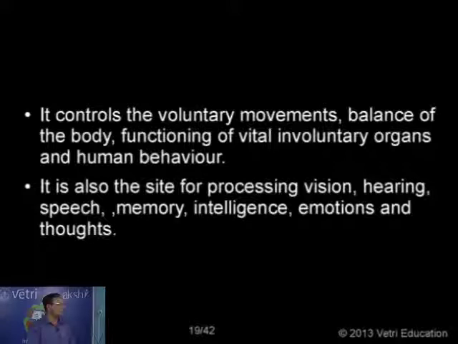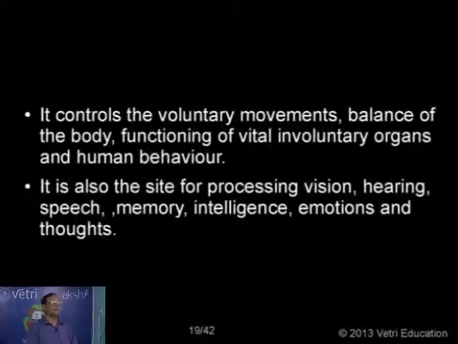And also your behavior, human behavior. The study of behavior is called ethology. So the brain is responsible for controlling voluntary movements, maintaining your balance, and controlling the functions of important organs like the lungs, heart, etc.